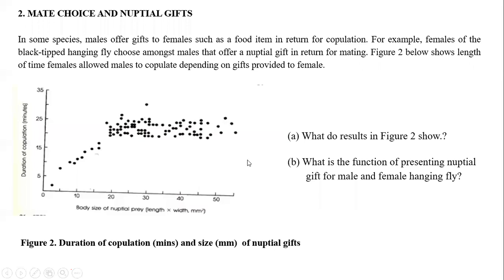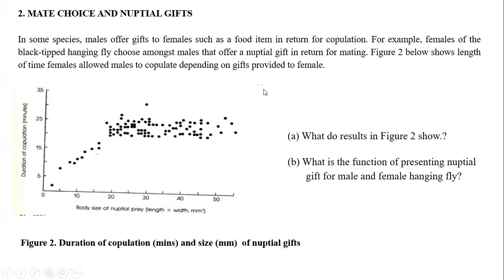So again, what we do is we look at the context. Here, we are talking about hanging flies, so that's number one. We have males that are bringing gifts to the females. So they're bringing food to the females. And the context is at the time of copulation. So again, this has to do with breeding.